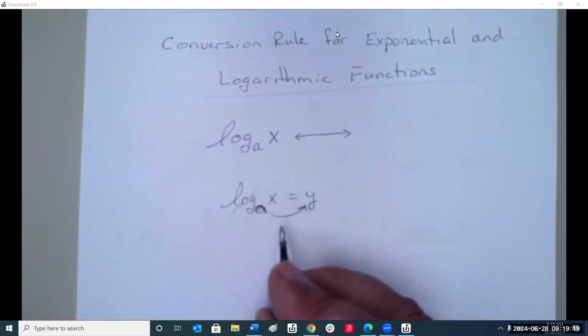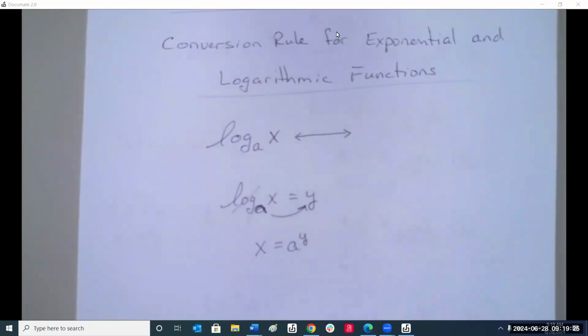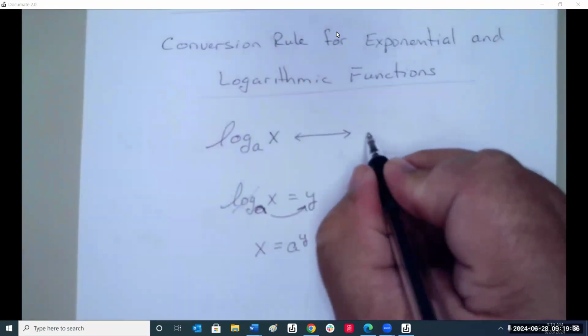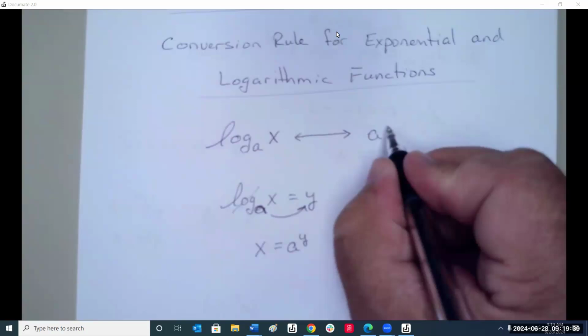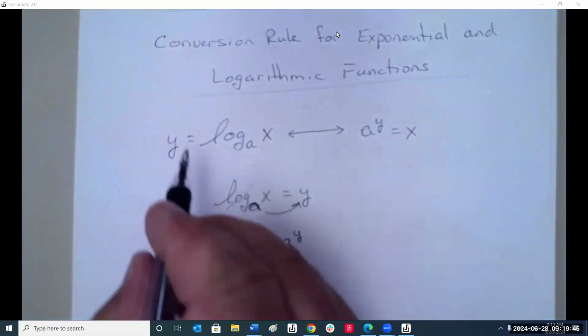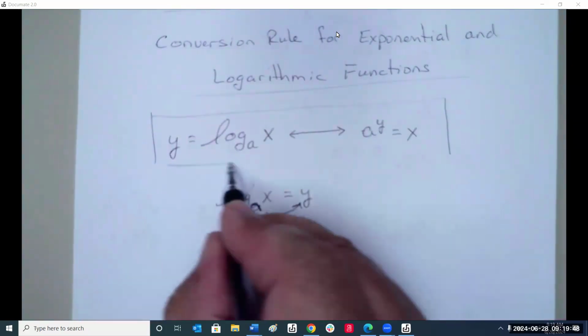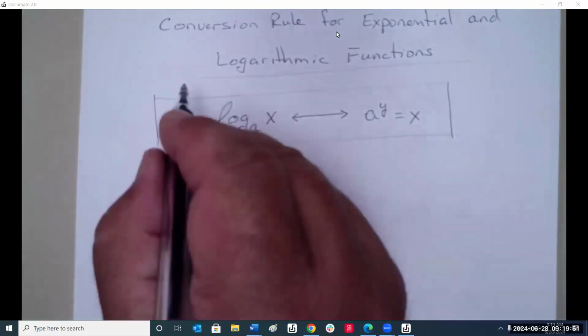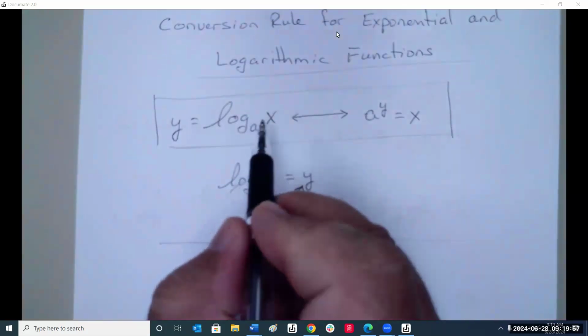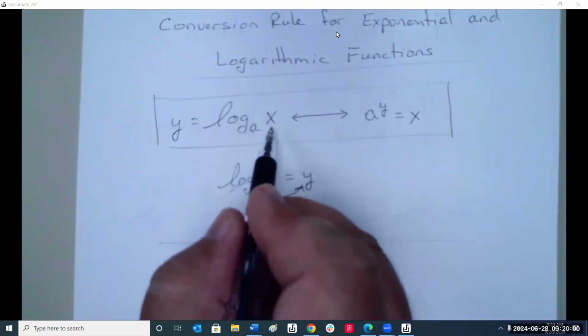Since the base is gone, the log drops off. And there's that conversion. So what this equals is A to the Y is equal to X. Whatever the base is, pushes up the answer, and the log drops off.